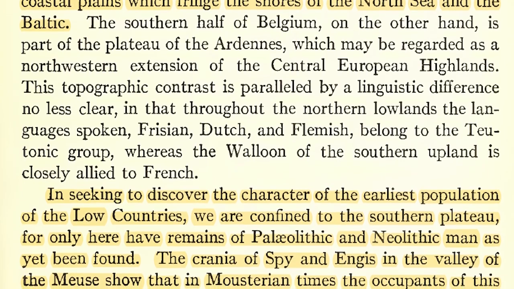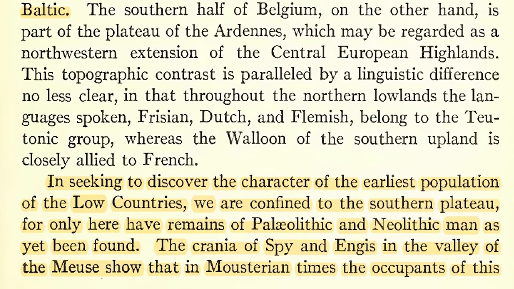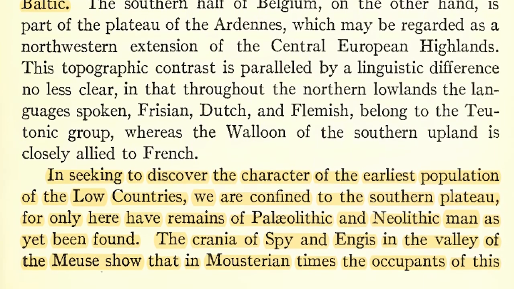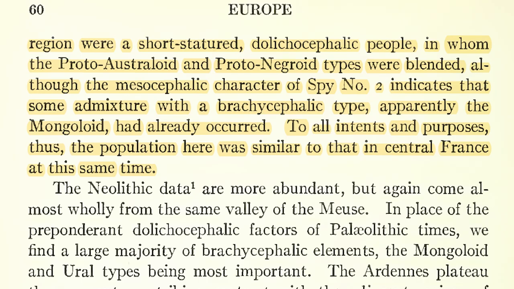The crania of Spy and Engis in the valley of the Meuse show that in Mousterian times, the occupants of this region were a short-statured dolichocephalic people in whom the Proto-Australoid and Proto-Negroid types were blended, although the mesocephalic character of Spy number 2 indicates that some admixture with a brachycephalic type, apparently the Mongoloid, had already occurred.